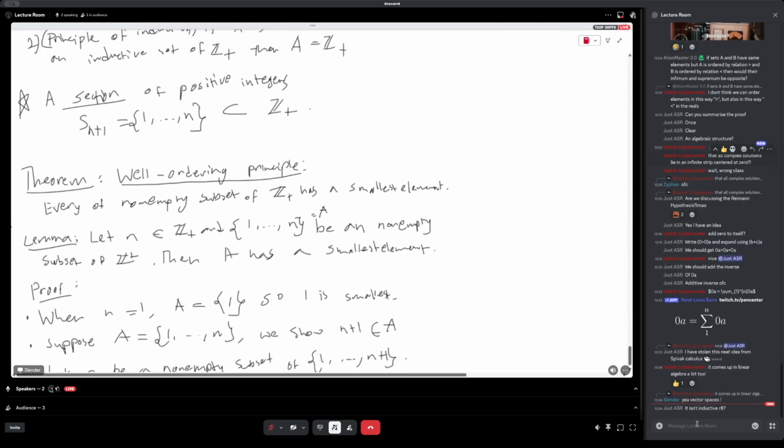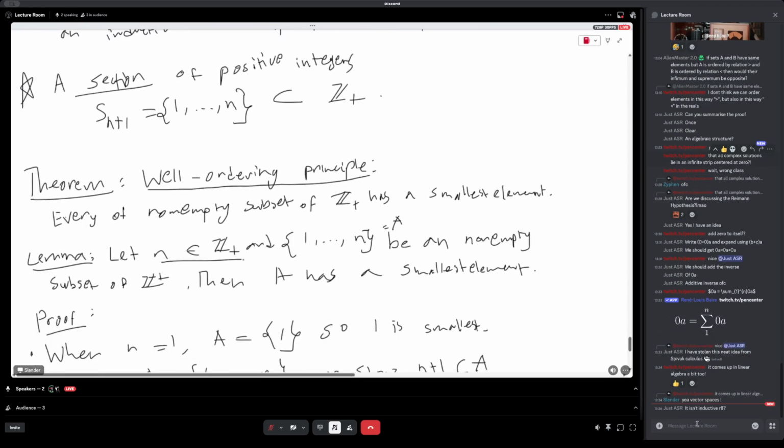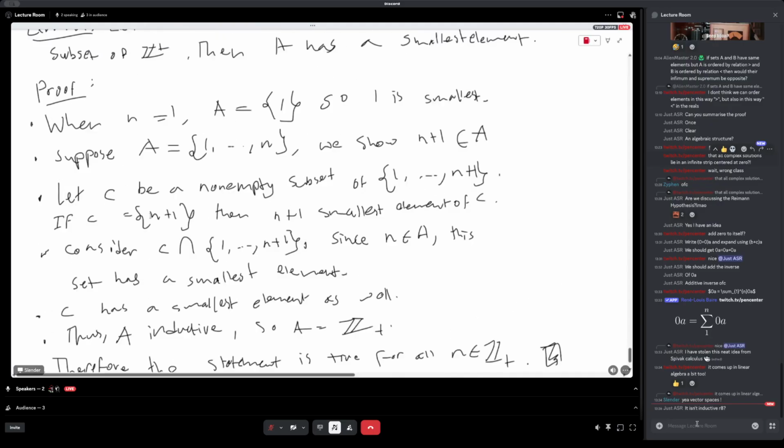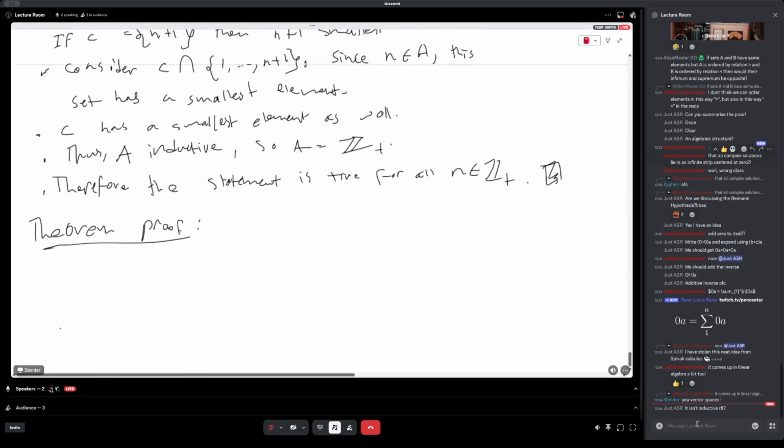It's like a finite set, not necessarily the entire Z plus. So now we prove the theorem that every non-empty subset of Z plus has a smallest element.